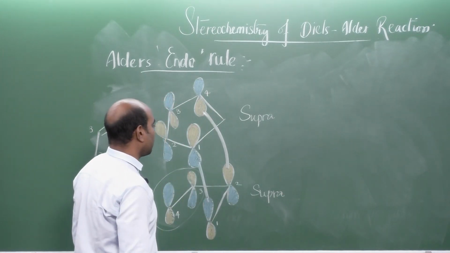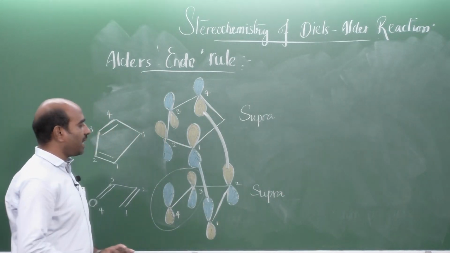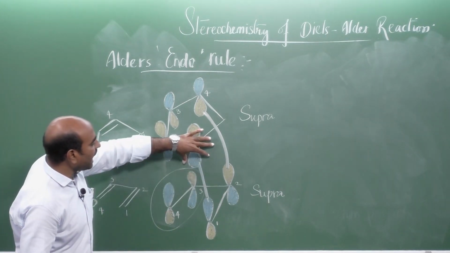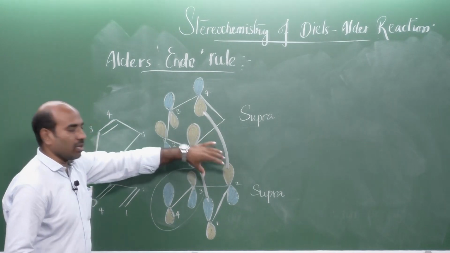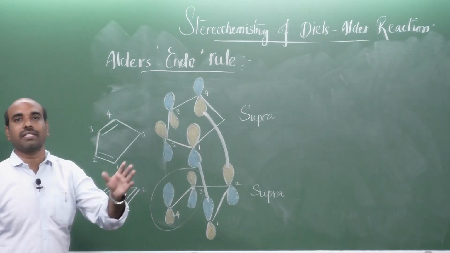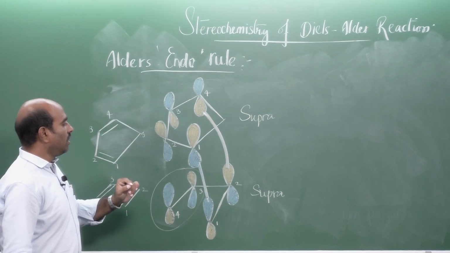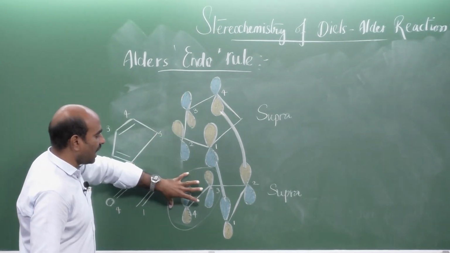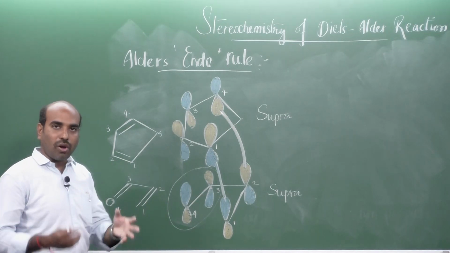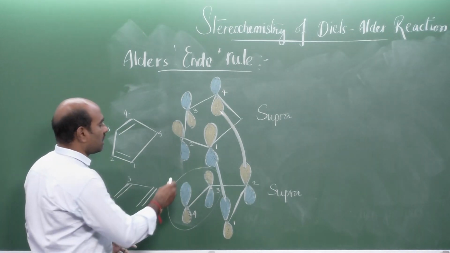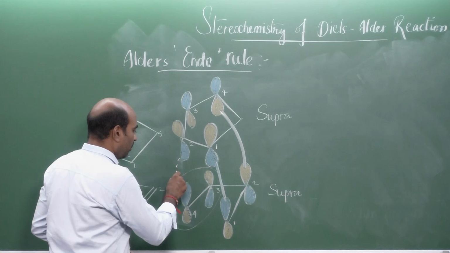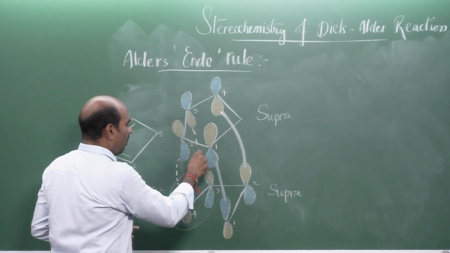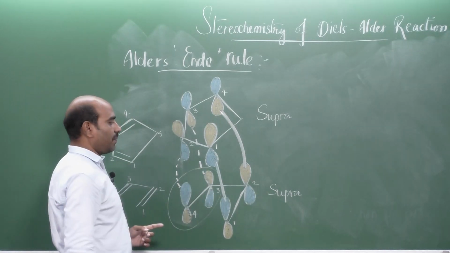Both are supra partners. And to our surprise, besides the interaction of these primary orbitals that are required for the cycloaddition reaction, there is a set of other orbitals both in the diene as well as in the dienophile, which are also interacting with each other. You can see here. So, this is also interacting and this is also interacting here.